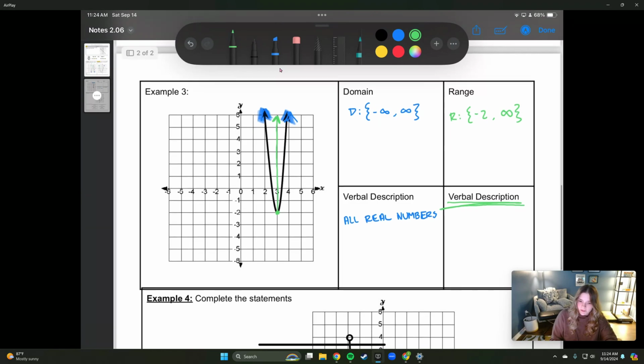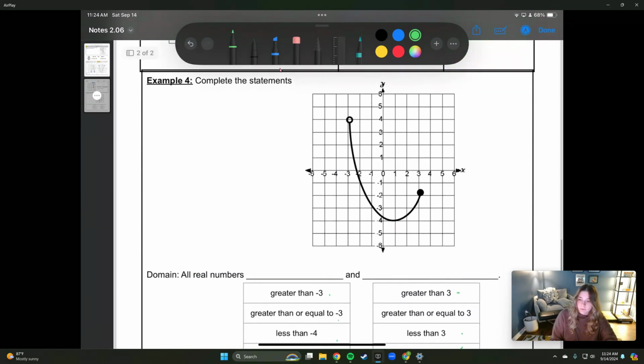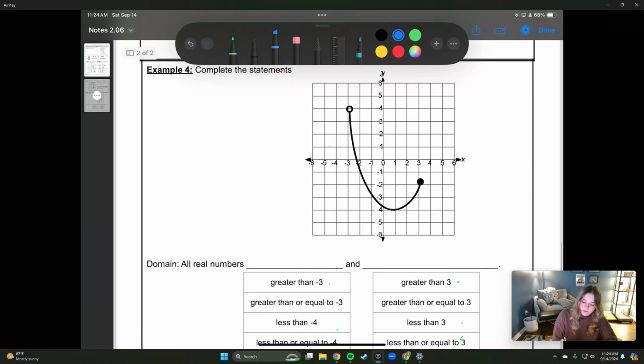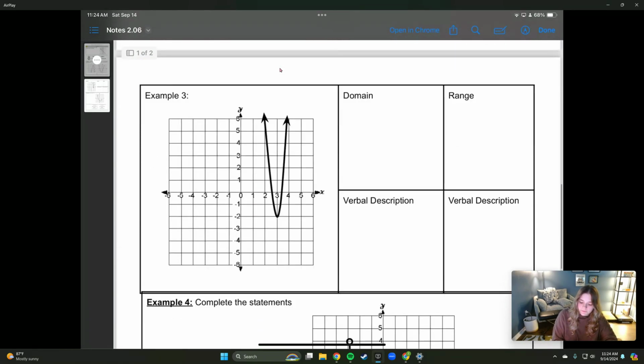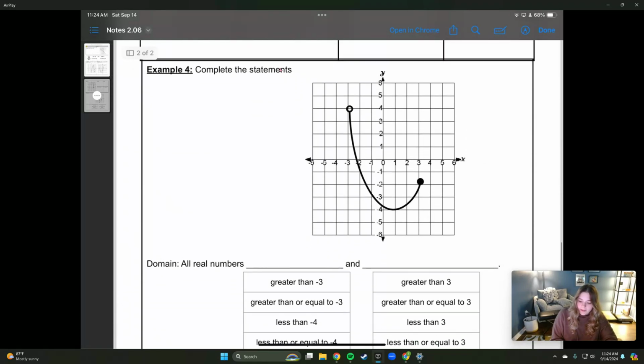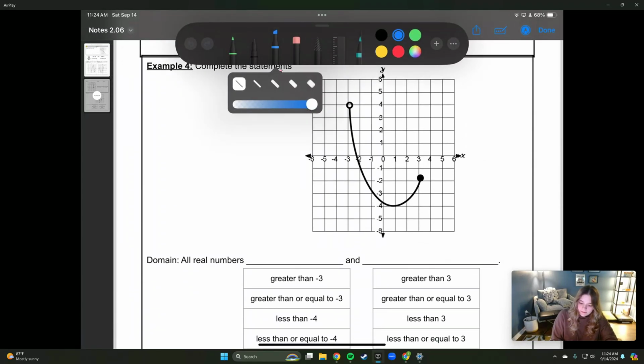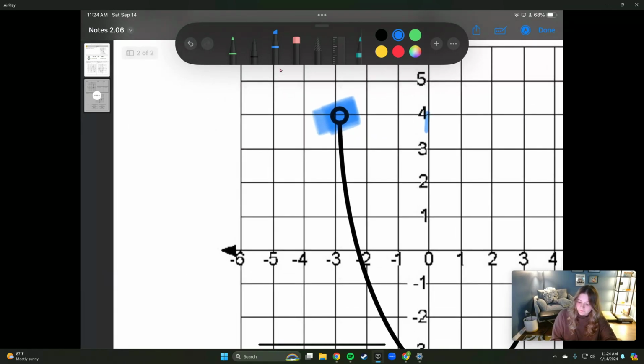All right, let's look at example 4. On example 4, notice this time there are no arrows. There's these circles, these points here. That changes things. So it is all real numbers, but there actually is a restriction now. This circle right here, if I look at that, it's at 4.